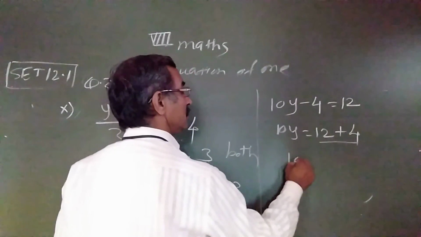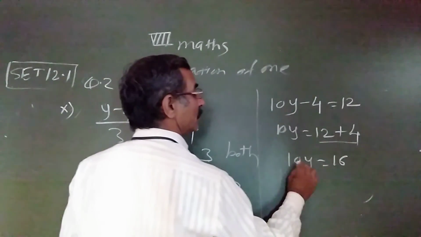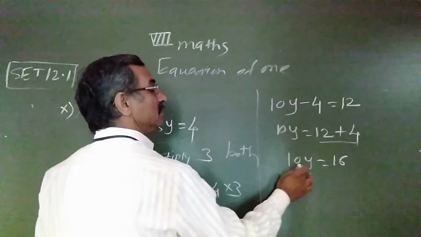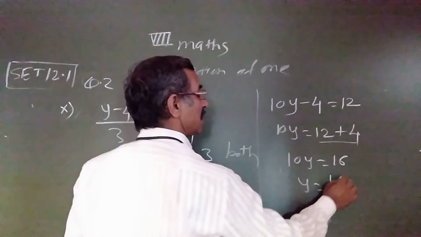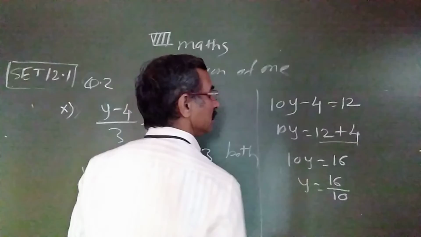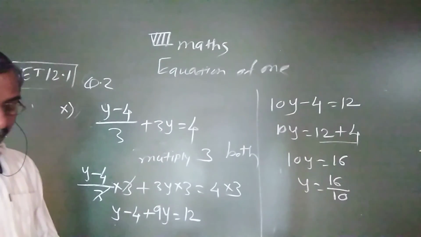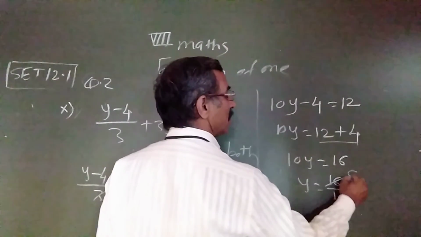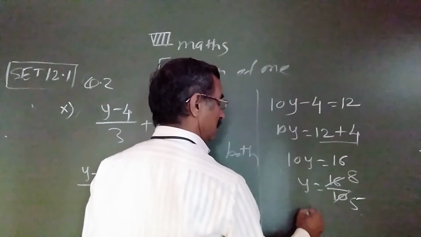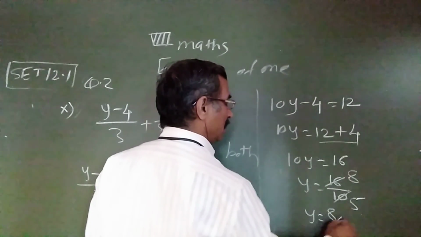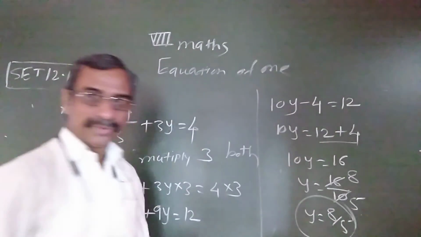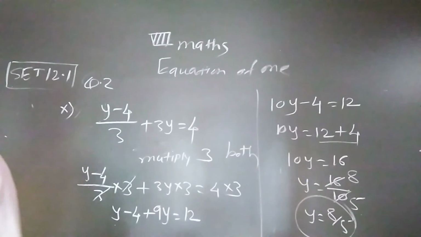The sum of it is 16. So this 10 goes to this side, it will get divided. Then we are dividing it by 2, 8 by 5. Therefore we will get the value of y is equal to 8 upon 5.